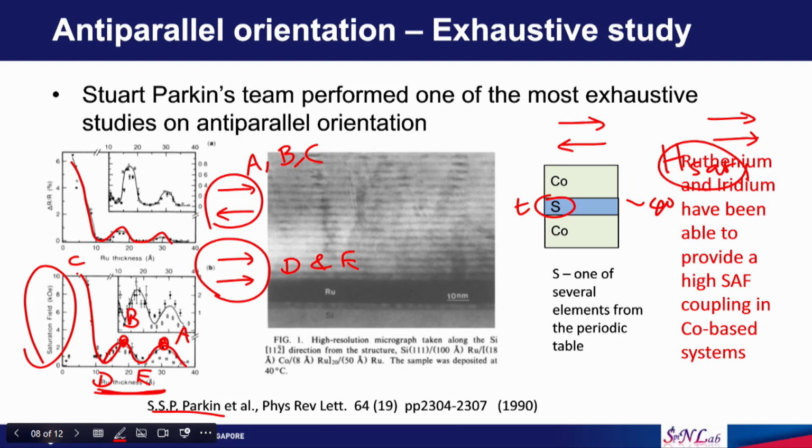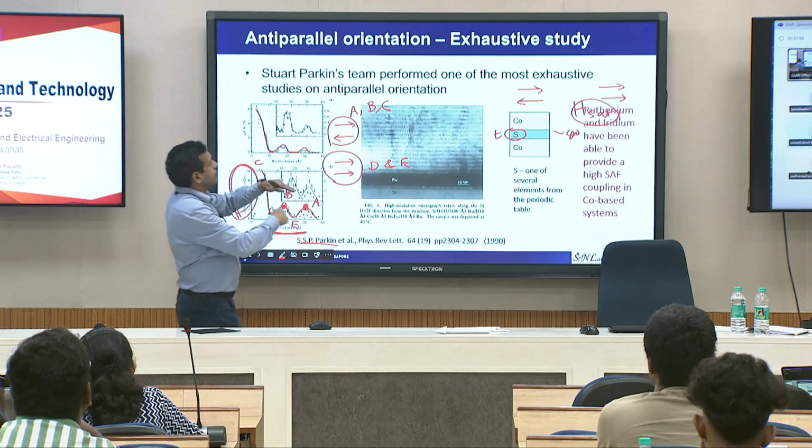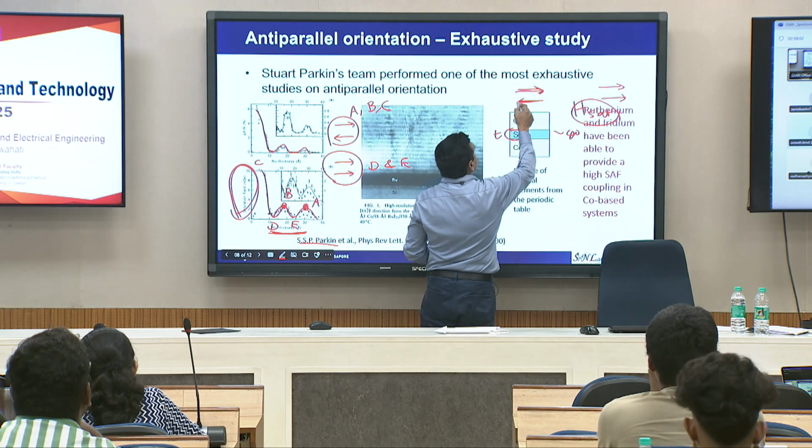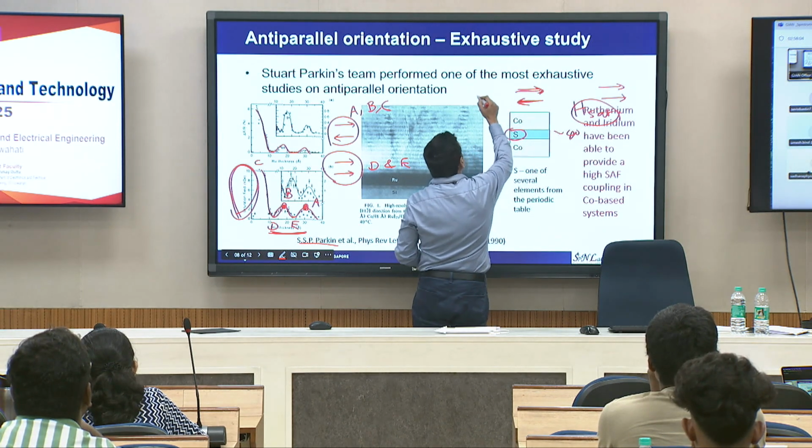The field at which the two layers have parallel magnetization is called the saturating field in this case. So, when the saturation field is very large, it means that the antiparallel coupling between these two magnetizations is very strong.